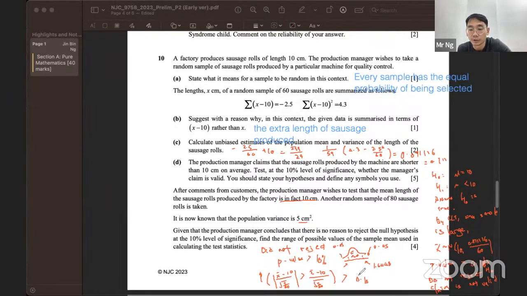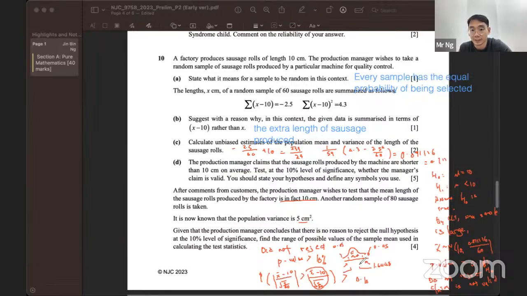For it to be more than 10, it needs to be more than this amount, such that the error calculated will be more than 10%.